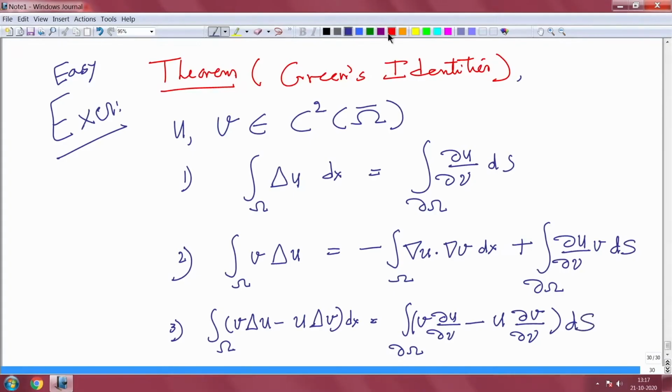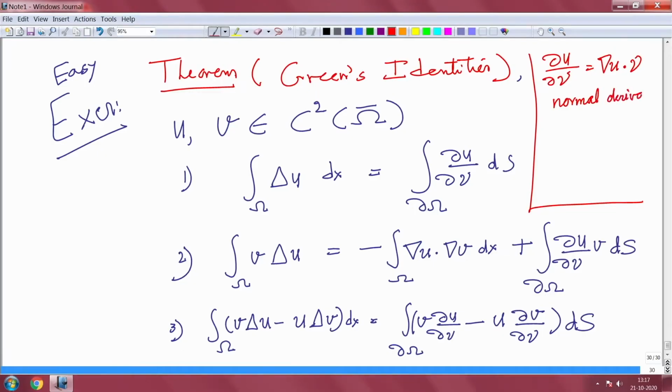Let me complete this by giving the definitions. What is du by d nu? This is called the normal derivative: grad u dot nu. Grad u is a vector; this is the normal derivative. It is not the normal; you are taking the derivative along the normal direction. Since you know the derivative from the previous class, you can define that.